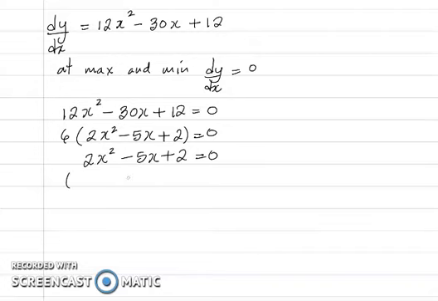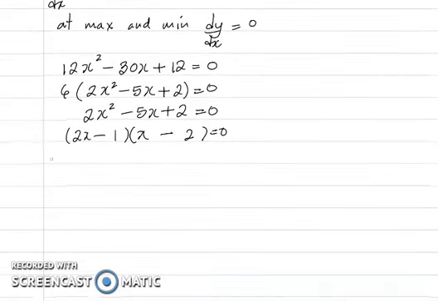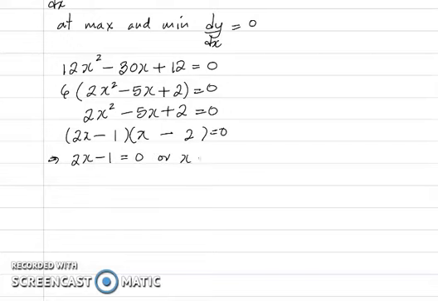Let's factorize this. So if we factorize this, we have 2x here, x here, 2 here, 1 here. Both are negative. All right, and so it is either 2x minus 1 that is equal to 0, or x minus 2 that is equal to 0. So therefore x is equal to a half, or x is equal to 2. So those are the values of x at the turning point.